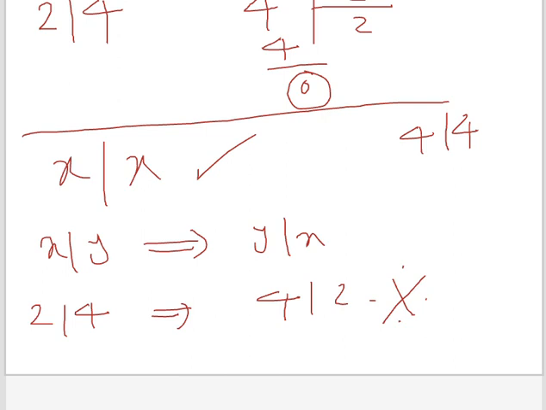This means that 4 divided by 2 is 2, with remainder 0. Okay?